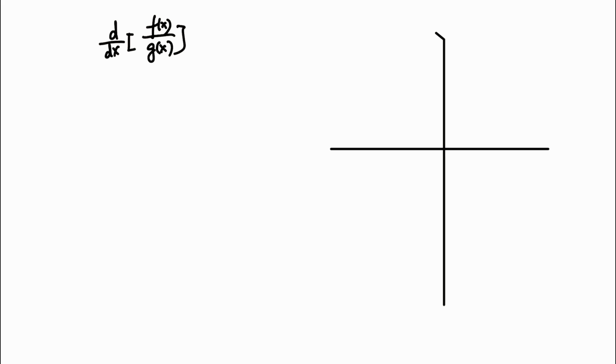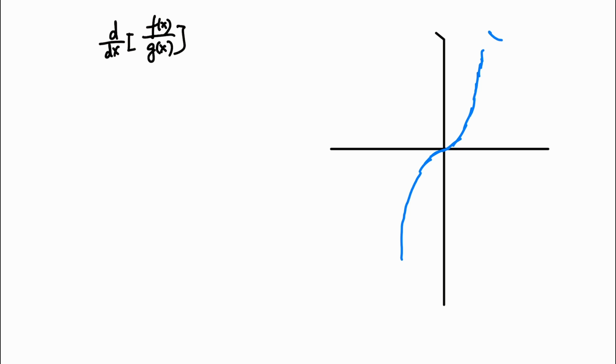Let's try something different. Let's start with a cubic function. I'm just going to use a parent function over here because that is easier to deal with. As I said, I will prove the general case later, for not only polynomials but every single function, as long as this thing is defined.